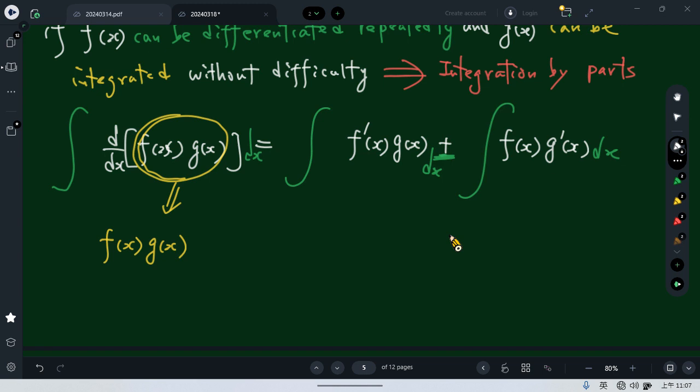For the right-hand side, it will become this one.